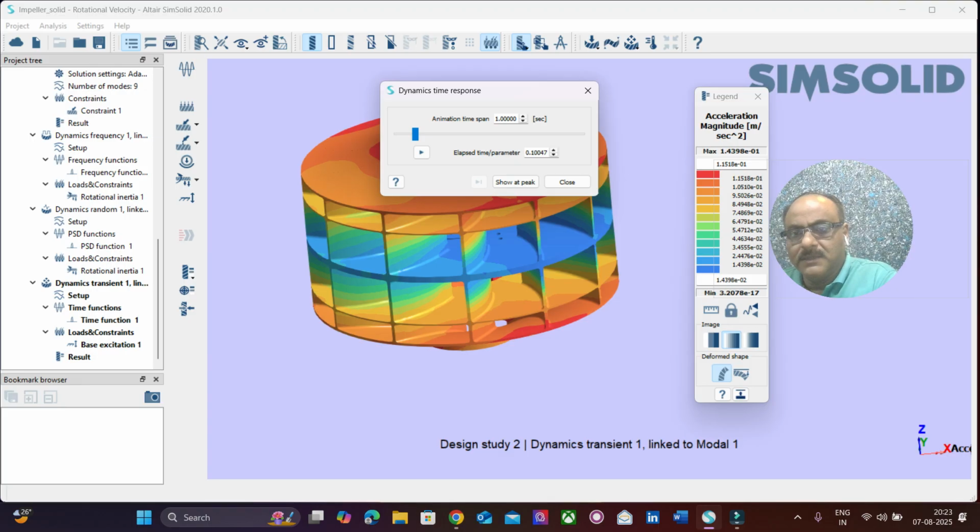You will find the acceleration here is 0.1 meter per second square. If 9.8 meter per second square, which is equal to 1 G, is the excitation imparted to the structure, the structure responds with an acceleration of 0.1 meter per second square. That is the jerk, the inertia, that is what we call here.